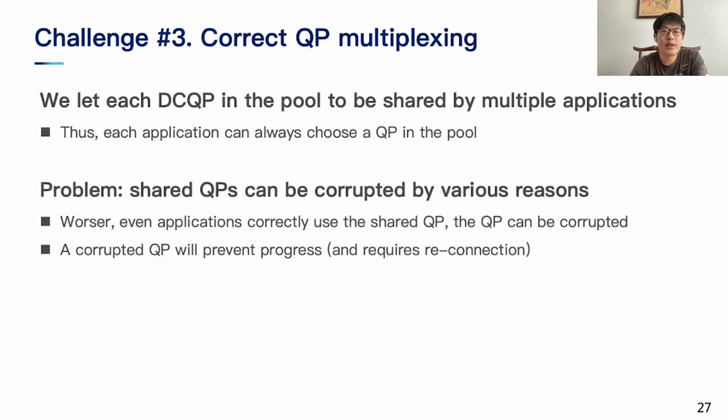However, one challenge of sharing the same QP among different applications is that the shared QP can be corrupted even when applications use it correctly, because they assume an exclusively owned abstraction. If a QP is corrupted, it needs reconnection, which is slow.